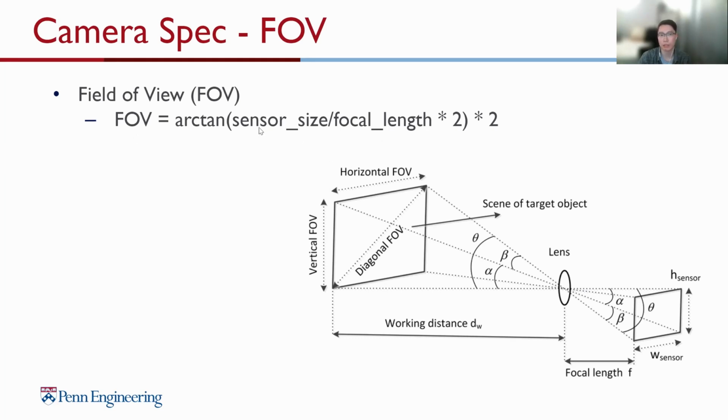And the bigger the sensor size is, you usually would have a bigger field of view, but that also depends on what your lens is. If your lens doesn't support a bigger sensor, then you are clipped by the lens itself. But they're related in this way. It's quite useful when we talk about cameras.